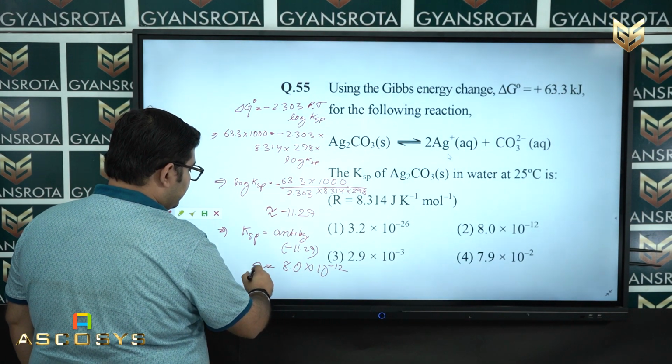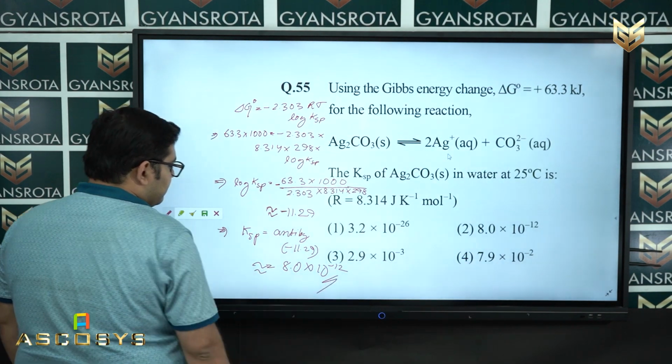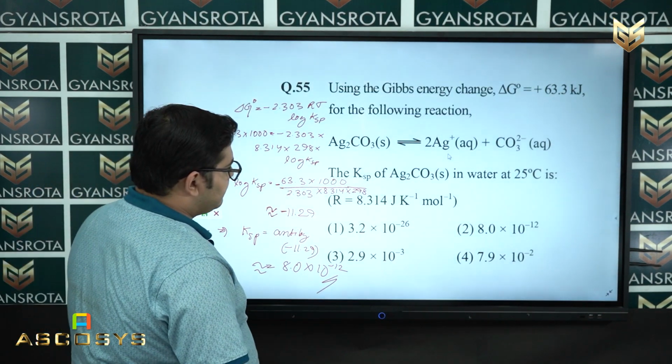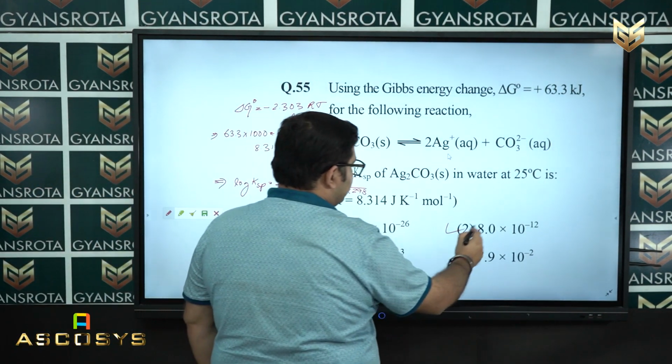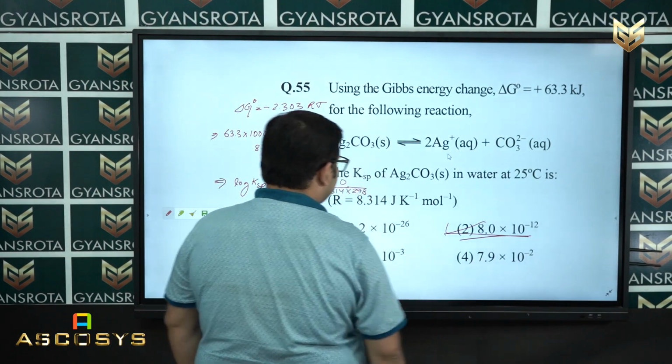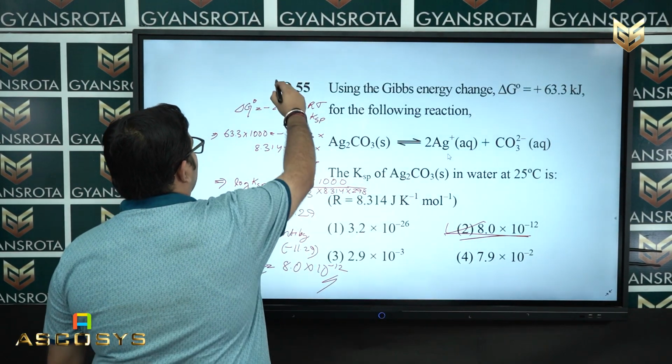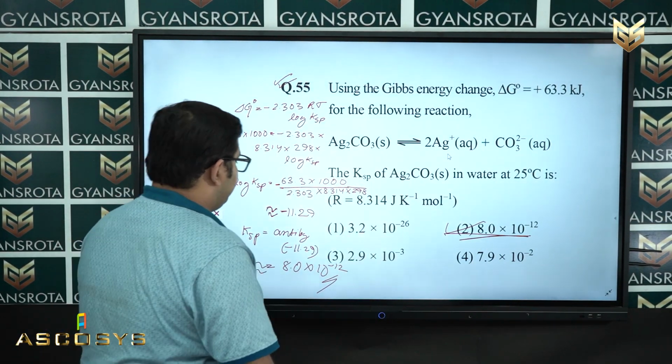Okay, this is the approximate value. So if you see in your answers, answer number 2, that is 8.0 into 10 to the power minus 12, is the correct answer of your question number 55.